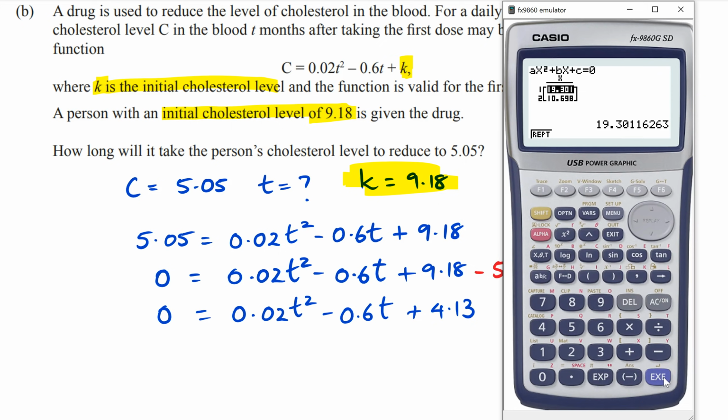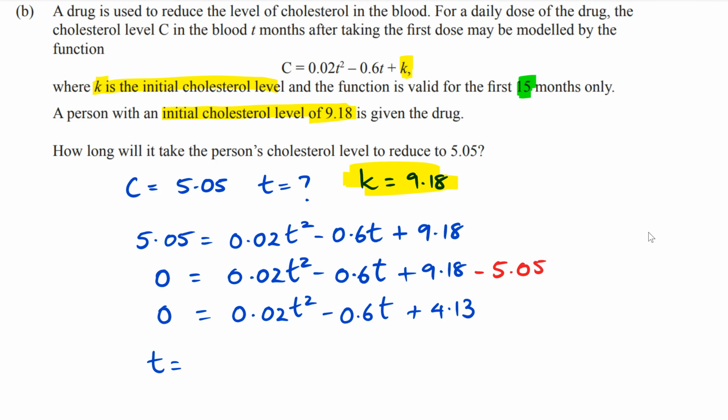When we solve this, we end up with two answers for t: 19.3 and 10.7. So I'm going to put that down here first. So t is equal to 10.7, and we also have 19.3.